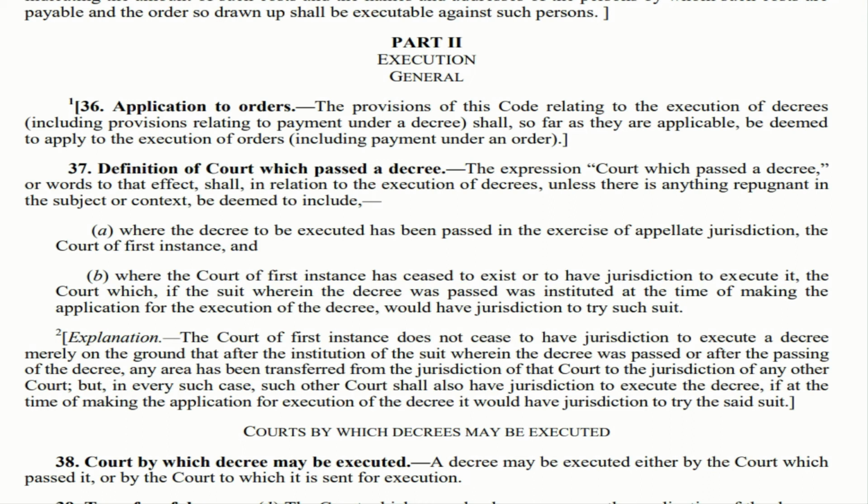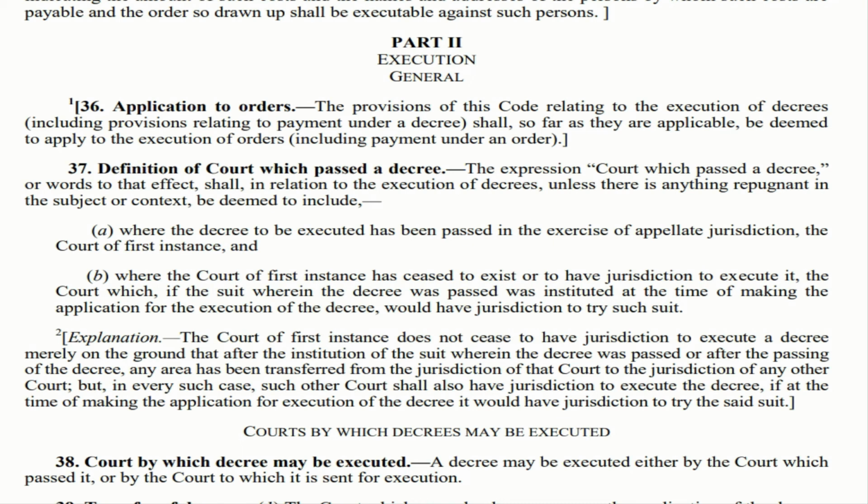The case is going on, the case is pending, or it is being processed, or a decree is being passed by court A. In that case, the higher court, say the High Court, is saying you don't have this jurisdiction anymore, give it to some other court, say court B. So merely this transfer will not take away the right of court A to execute a decree, provided court A has the right to execute a decree when I file an application.